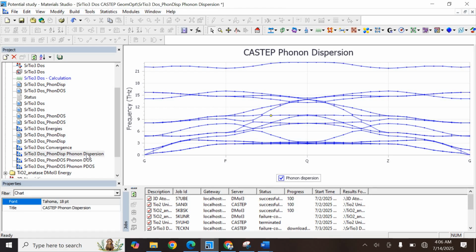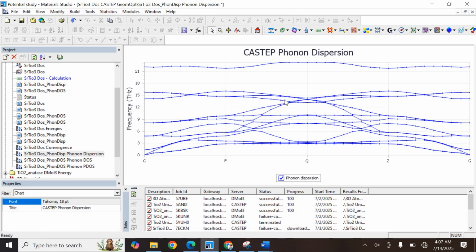The y-axis represents the phonon frequency in terahertz. Each line on the graph represents a vibrational mode. At the gamma point, three modes start from zero frequency. These are the acoustic phonon branches, which are always present in solids.